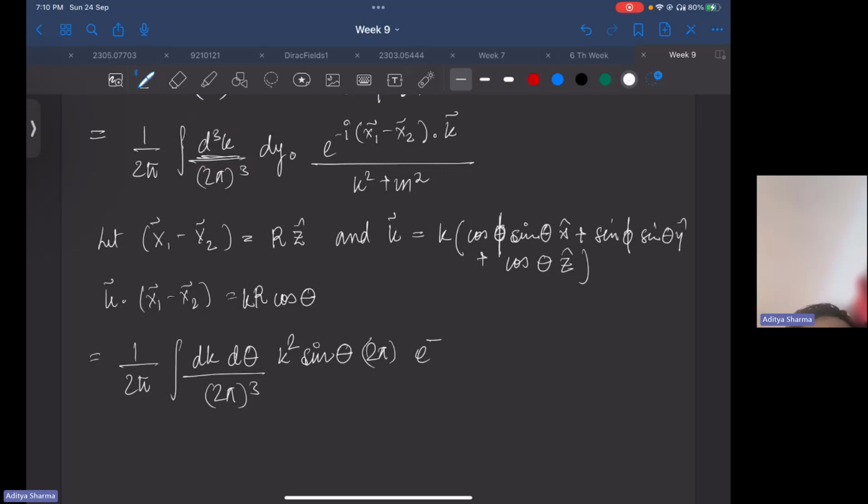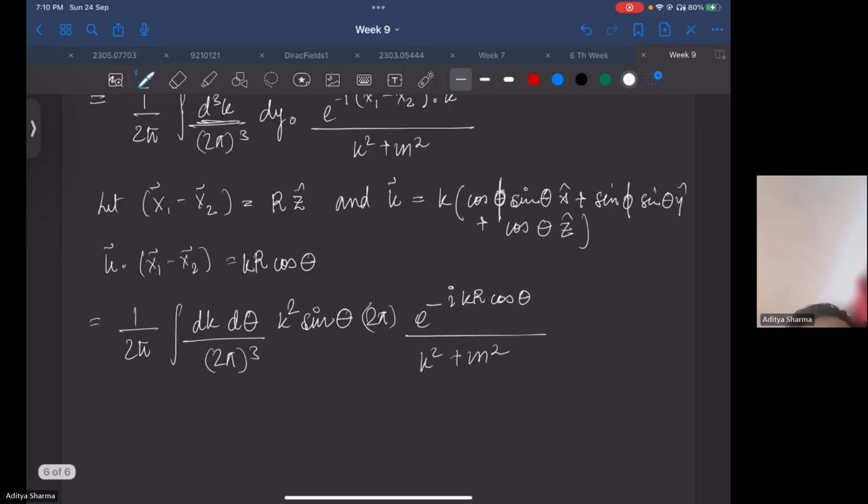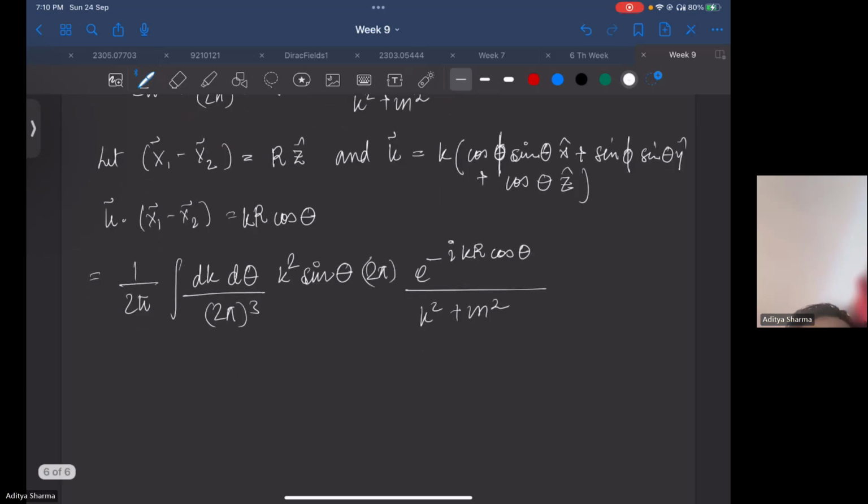And this is just e to the minus i k r cos theta over k square plus m square. We'll put the appropriate limits later on.